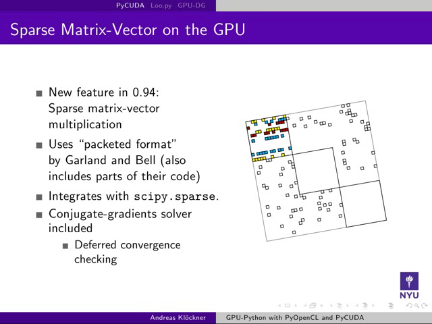The worst case is that we've gone a little further than the residual that we checked. This might be useful for you if you're looking for this kind of stuff. It uses this packeted format that Michael Garland and Nathan Bell specified. They tell me that that's not even the favorite format anymore, so that might need a revamp in the not too near future. But at least it's there and it does work.